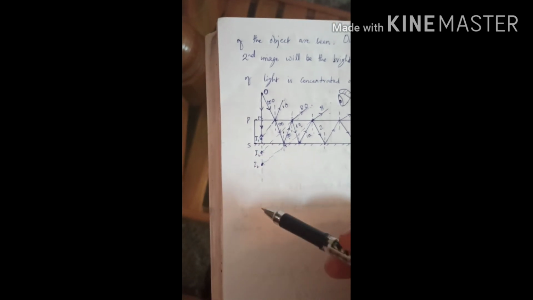I can keep on drawing this. So you will see multiple images, infinite number of images. Out of these images, I1, I2, I3, I4, I5, and so on, the second image will be the brightest. You can clearly see this second image. Here in the second image, maximum intensity of light is concentrated. So that is why the second image will be the brightest.